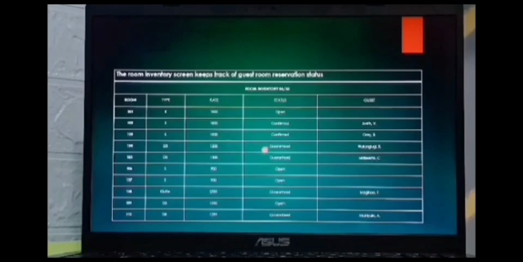Guaranteed is, this is one also like a guaranteed and confirmed na pupunta si guest, but it's already paid, or the guest is already give a down payment for the room. And also they have here open, and okay.